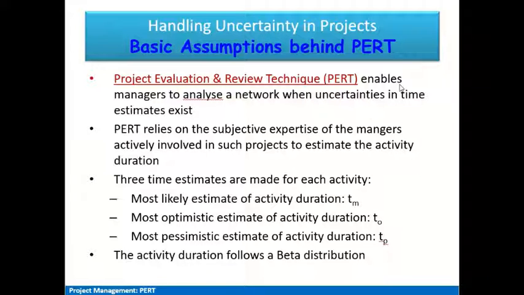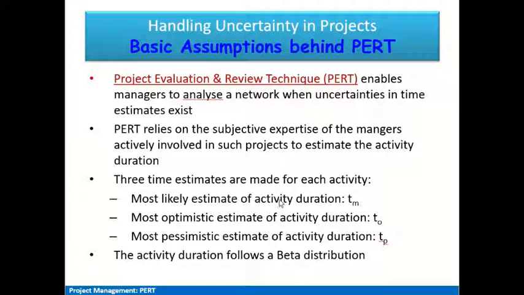Now these activities are those about which considerable uncertainty exists, and we make use of three time durations in such cases of uncertain activity durations. One is the most likely estimate. Suppose an expert in a project management organization, based on their prior experience, is asked what is the most likely estimate of duration for a particular activity.